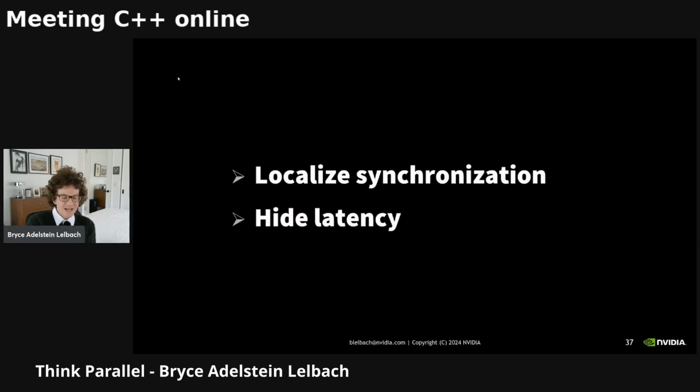Now, two of my guiding principles in parallel programming are to localize synchronization and to hide latency. When we have to synchronize, we must minimize it, only synchronizing with the actors that we actually communicate with. And if we have to wait, we need to find other useful work that we can do while we are waiting.